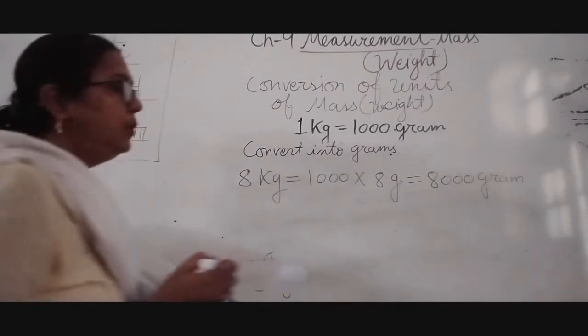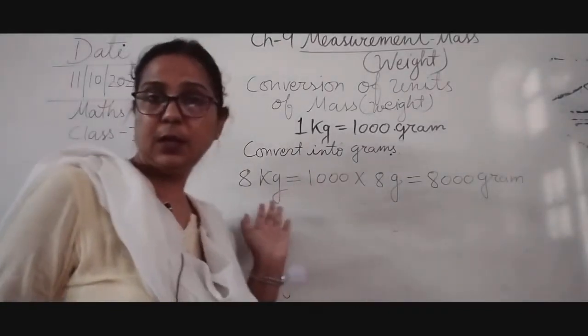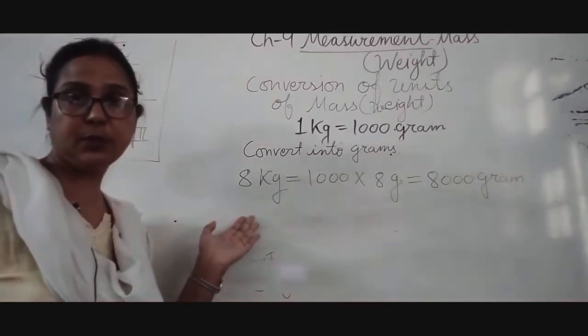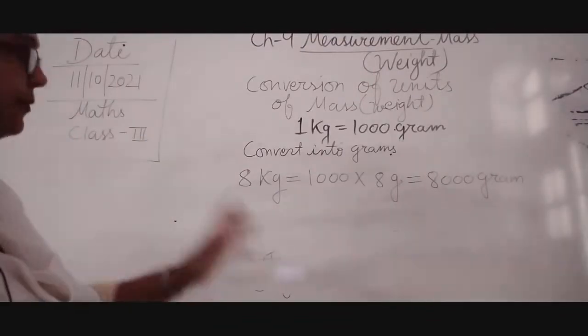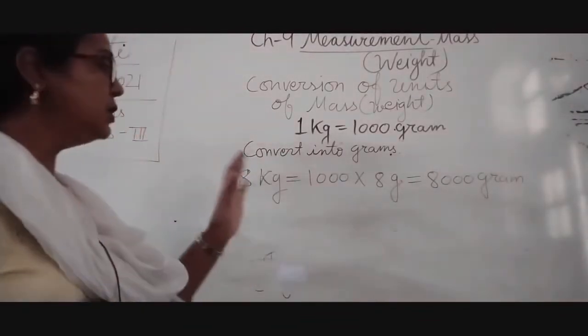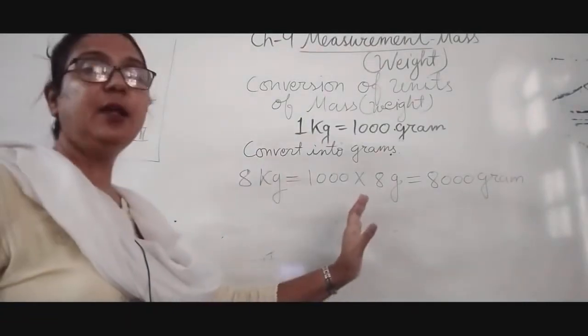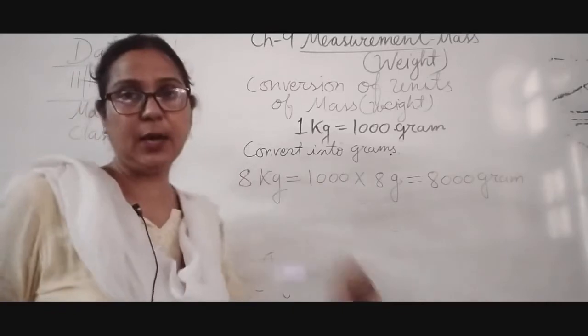Okay, so we will do the multiplication with the given kilograms. Always remember that whenever we convert kilograms into grams, we will multiply the given number of kilograms by 1000.